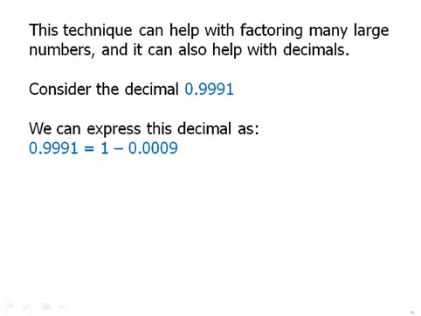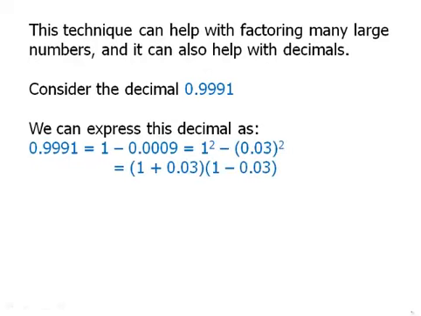And that's a difference of squares because 0.0009 is 0.03 squared. So we can write this as a difference of squares, use the pattern 1 plus 0.03 times 1 minus 0.03. This gives us 1.03 times 0.97. And so we have expressed that decimal as a product of two decimals.